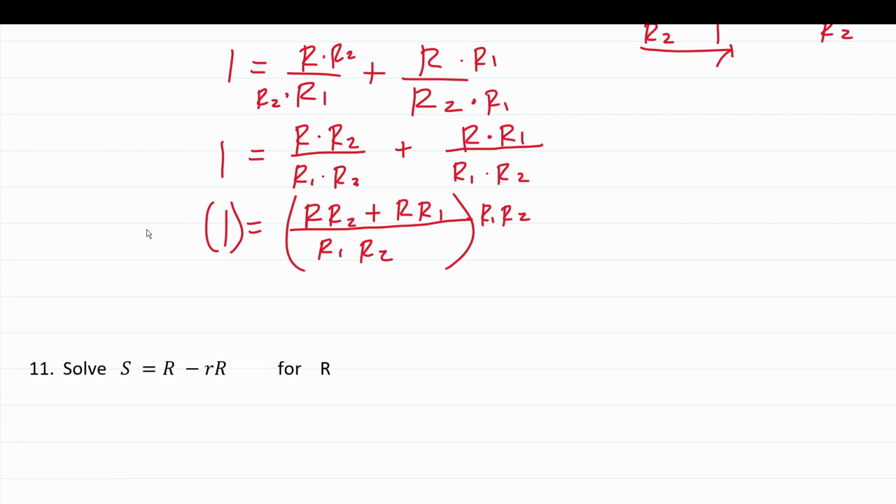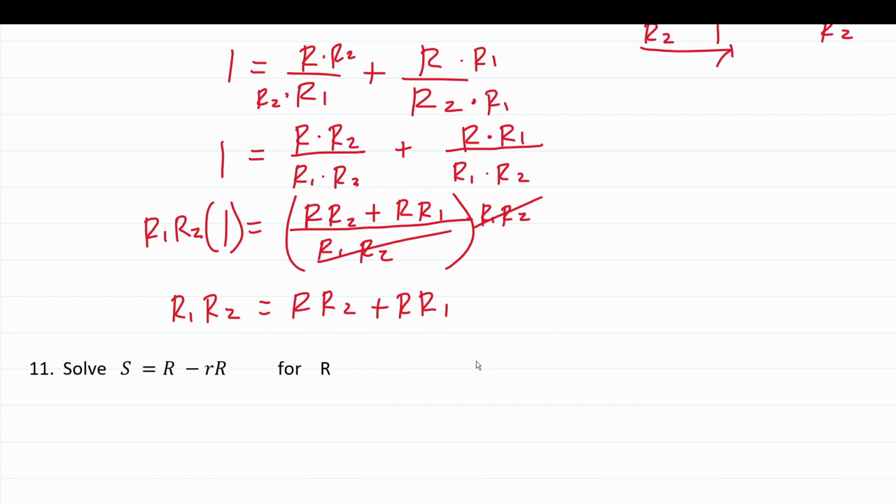So this becomes times r1 r2. This crosses out here, leaving you with r times r2 plus r times r1. And 1 times r1 r2 is just r1 r2.